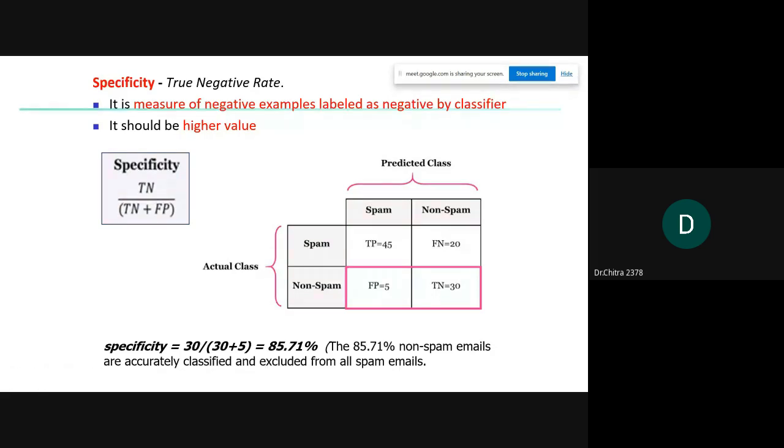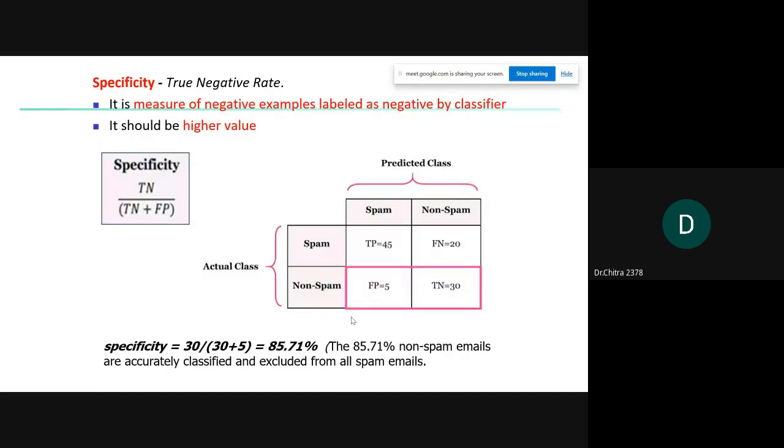That is 30 divided by 30 plus 5, equal to 85.71%. This is the specificity value. First one is accuracy, totally how much is classified correctly. Then sensitivity, among the positive values, how much is classified correctly. Then the next one is specificity, among the negative values, how much is classified correctly.